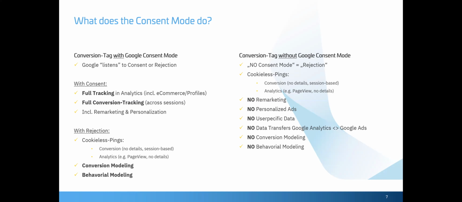There will be the normal tracking of the conversion, meaning there was one conversion, but again, without details. There will be analytics. Again, you will count the page views, but no details to the page views. There will not be remarketing, no personalization, no user-specific data, no data transfers between analytics and Google Ads. So no exchange between the two, and you will not have the modeling.